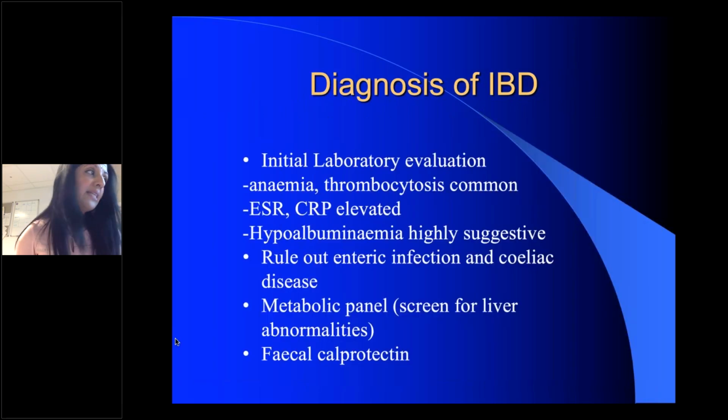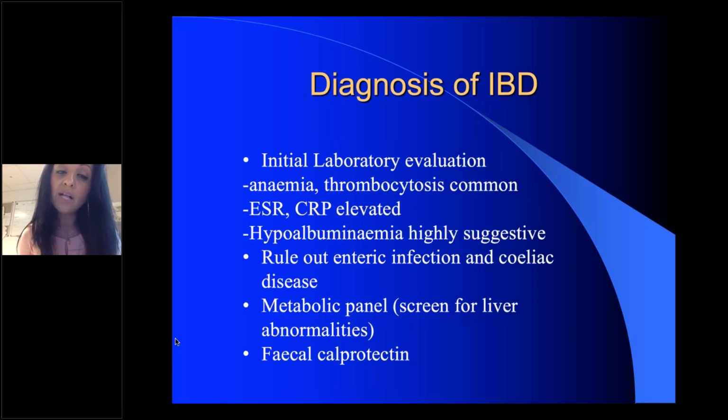Now, when we suspect a child has inflammatory bowel disease, one of the things we do, apart from history and examination, is some baseline laboratory tests. So the first thing we would look for in the full blood count is an anemia and a high platelet count, signs of inflammation. We would also look for the ESR and CRP, which are the two inflammatory markers that are most often elevated in IBD.